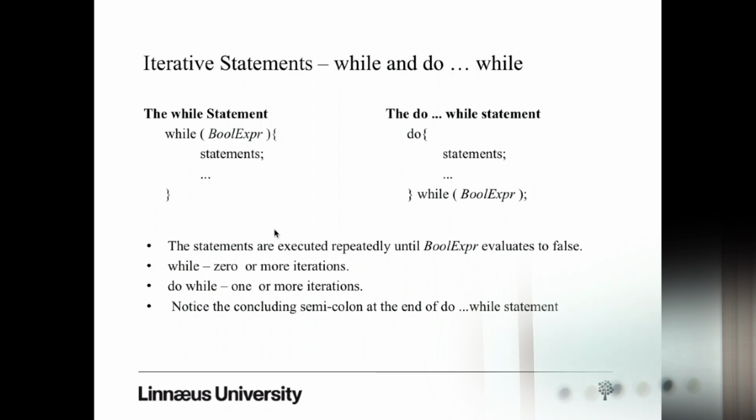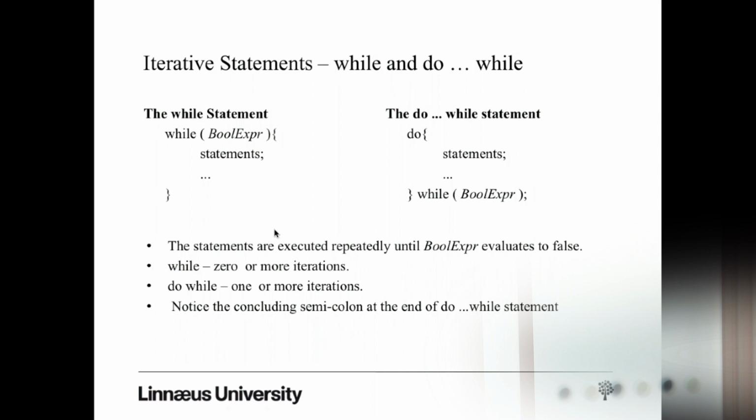And then we have a do while loop. The difference between while and do while, you can see it already here. In the while, the condition, the Boolean expression that is used to control the loop, comes first, and then comes the body of the loop.